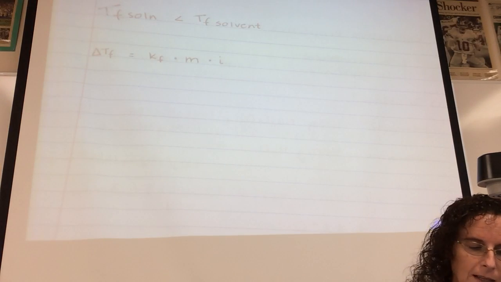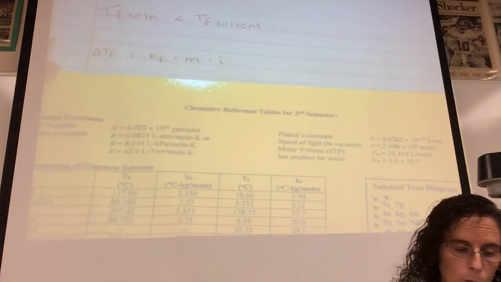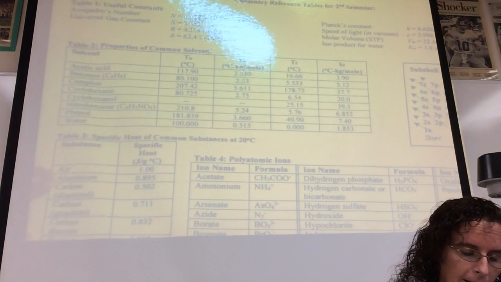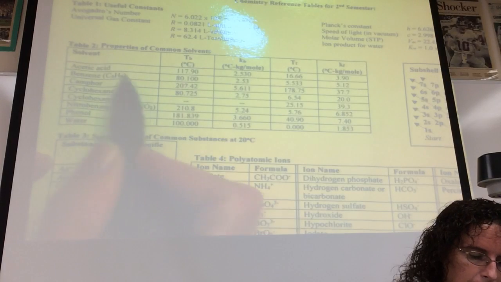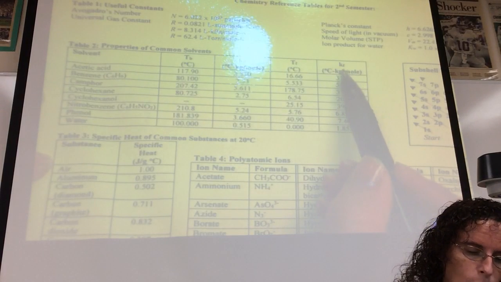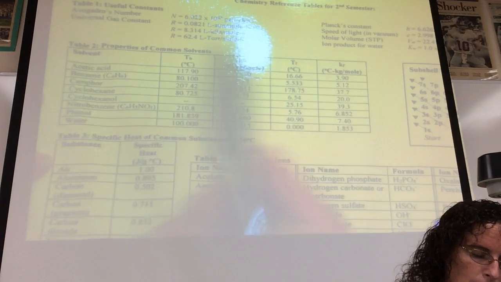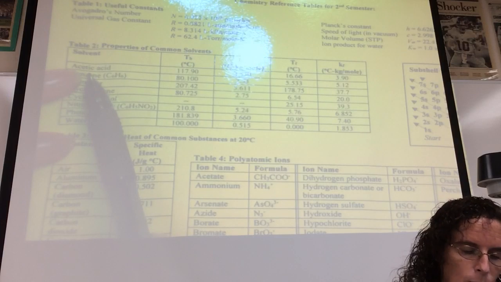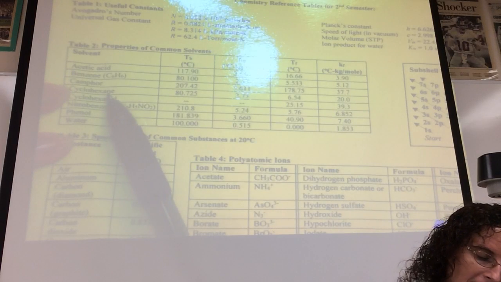Solvents have unique molal freezing point constants, and those constants are found on the back of your periodic table on table 2. The solvents are listed here, and the molal freezing points in degrees Celsius kilograms per mole are listed here. For example, acetic acid, a solvent, has a molal freezing point constant of 3.90 degrees Celsius kilograms per mole.